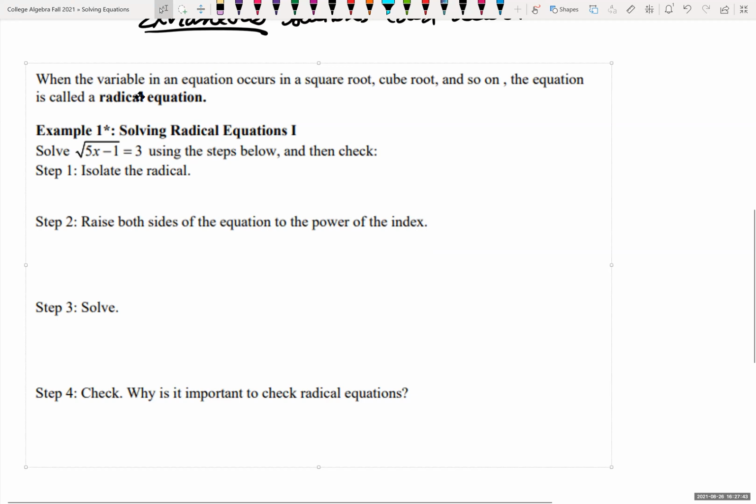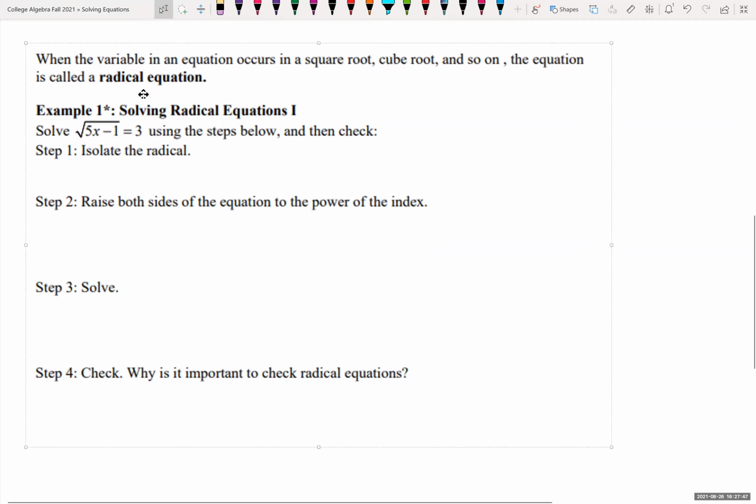When the variable of the equation occurs in the square root, cube root, or so on, the equation is called a radical equation. So for this first example, we have the square root of 5x minus 1 equals 3.